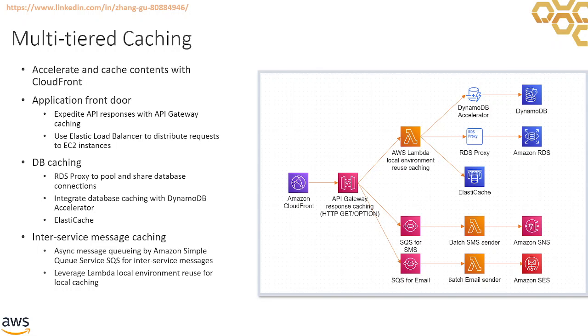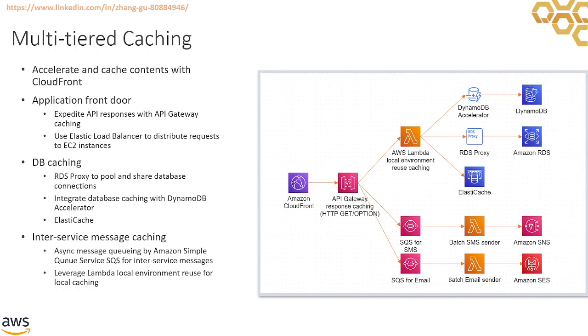On the network side, CDN is critical for caching contents and shortening the connection latency. And on the server side, you may use multi-tiered caching to improve your system performance and robustness. APIs act as the front door of applications to access business logic and data.